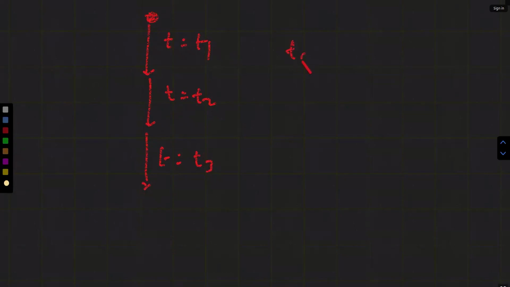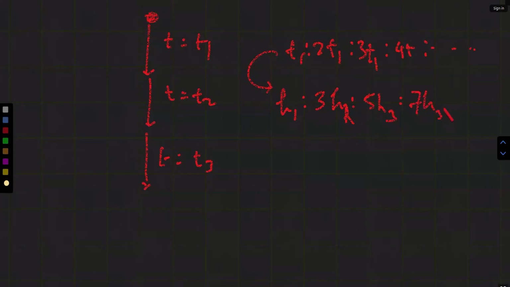If the time intervals are equal, then the heights traveled by the object will be in the ratio h1 is to 3h1 is to 5h1 is to 7h1. 1 is to 3 is to 5 is to 7 is to 9.